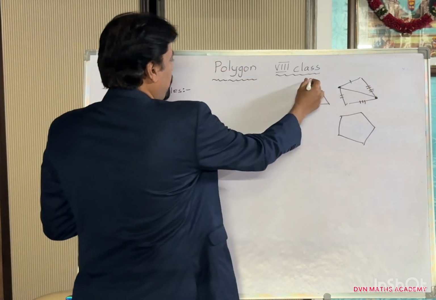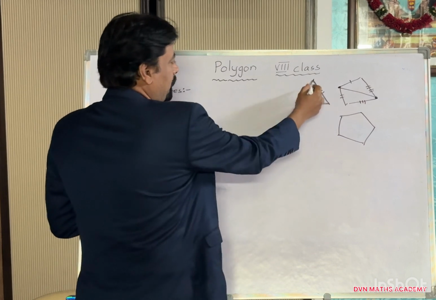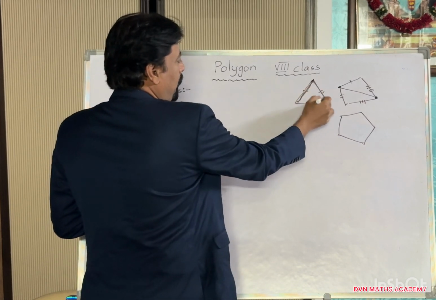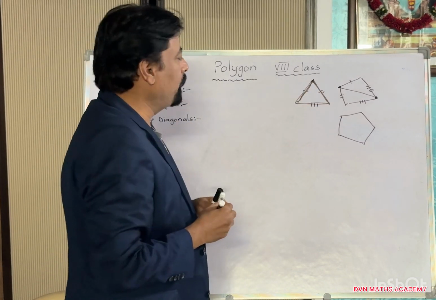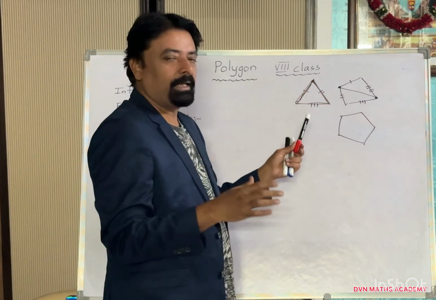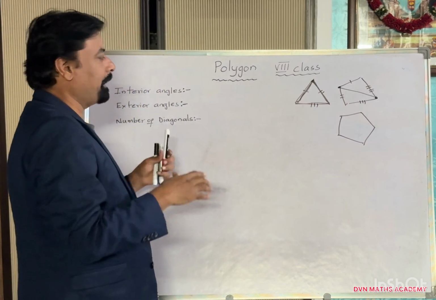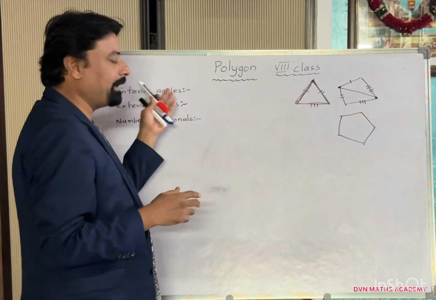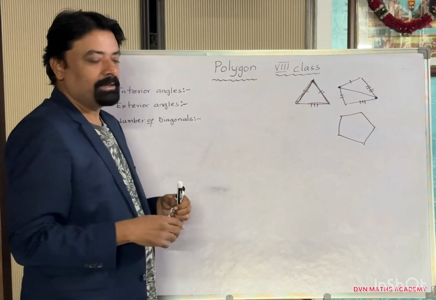But in a triangle, you cannot make a diagonal, because these are vertices and if you join these two, again it will become a side. So in triangles, there are no diagonals. How many diagonals a polygon has, that is today's topic, along with the interior and exterior angles of a polygon.